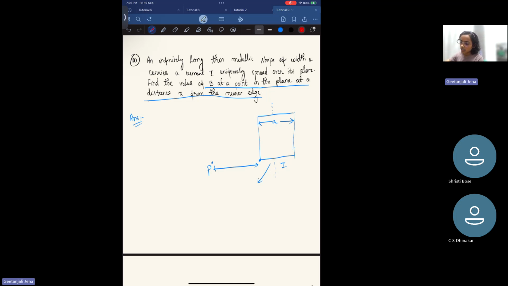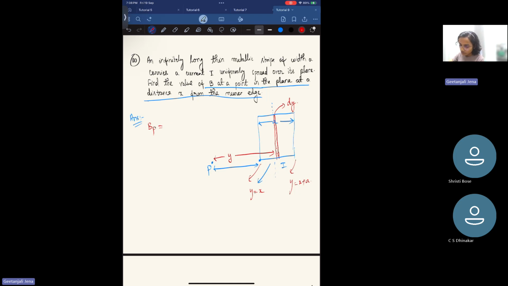For this, we need to take a wire element. Let us say this is at a distance y from the point, and its width is dy. So this point is y equals x, and this is y equals x plus a. For an infinitely long wire, the magnetic field Bp will be mu naught I by 2 pi y, right?